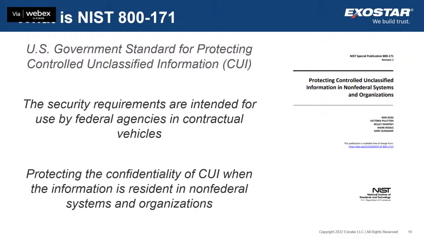So these outline 110 different controls that you have to have in place across 14 families that tell you exactly what you need to do to protect that controlled unclassified information. It's not necessarily an exact specification of how to do it, but it tells you all the different controls you need to have in place in order to fulfill that requirement.